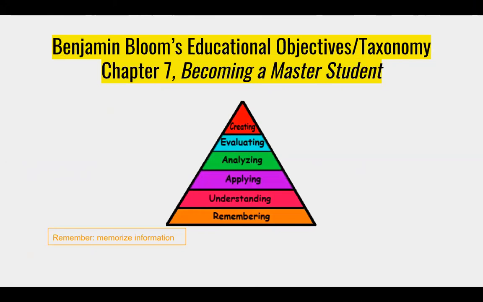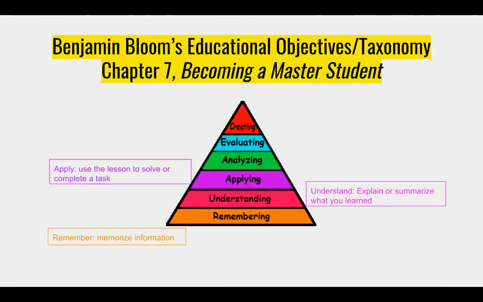So this is what the pyramid is saying. The first basic way to learn something is to memorize it. And then we must understand it. In understanding, we're able to explain or summarize what we've learned to somebody else or to ourselves. And then once we understand something, we can apply it to life.